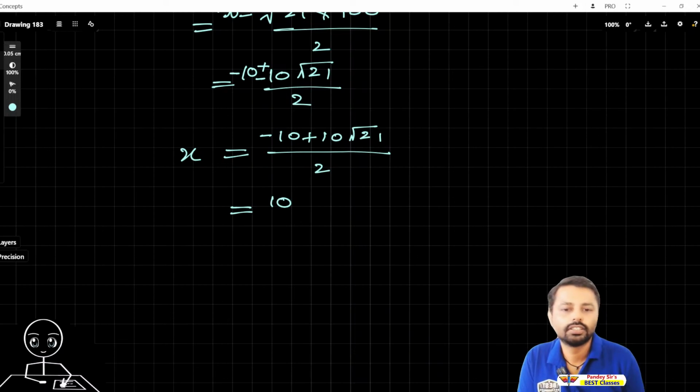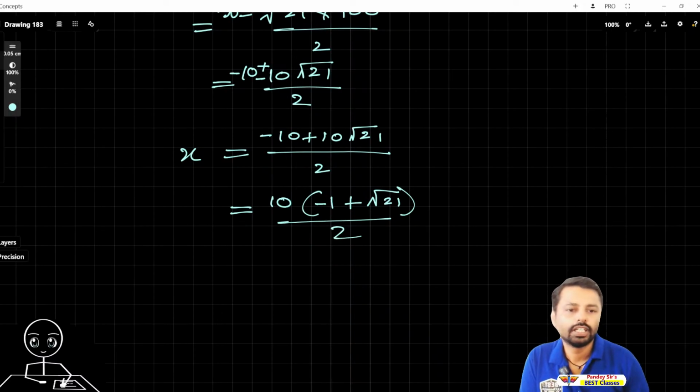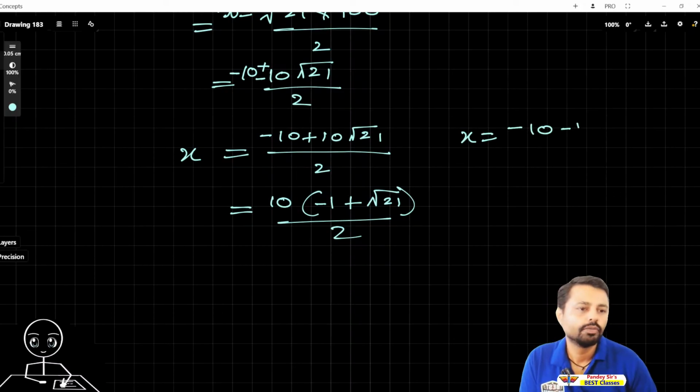So 10 in bracket, minus 1 plus root 21, whole by 2. And the other one, x also equals minus 10 minus 10 root 21 whole by 2.